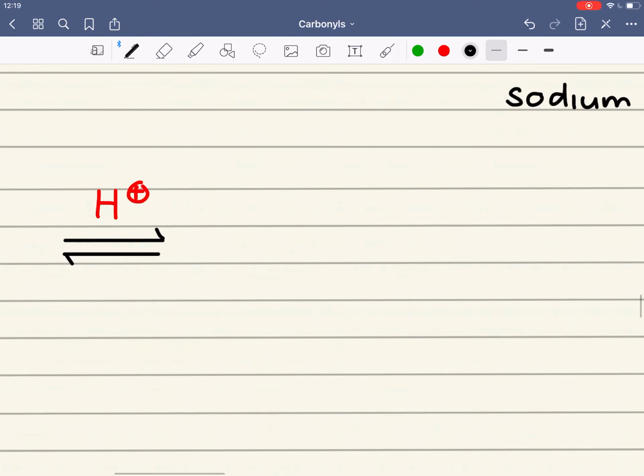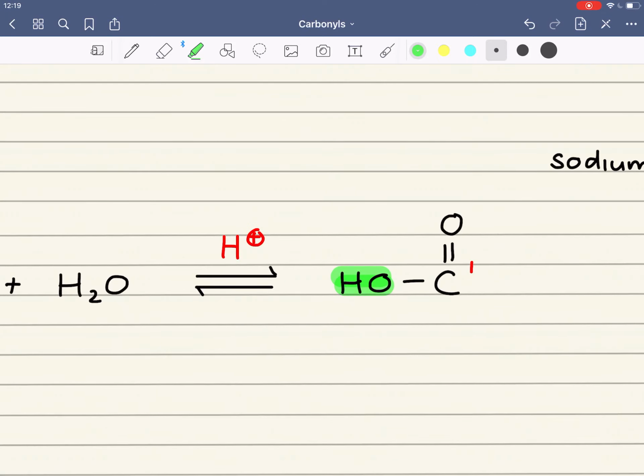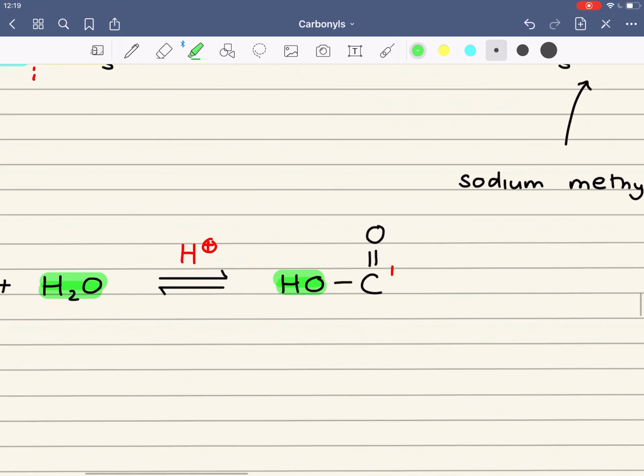Let's have a look at the carbonyl carbon. We'll call this carbon number 1. This has added the OH. So this bit is from the water. This OH is from the water.